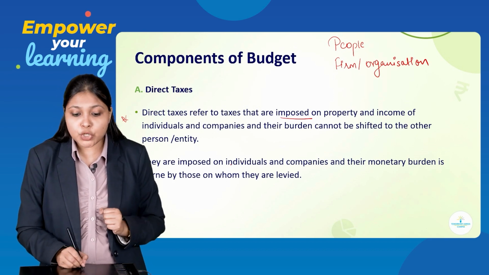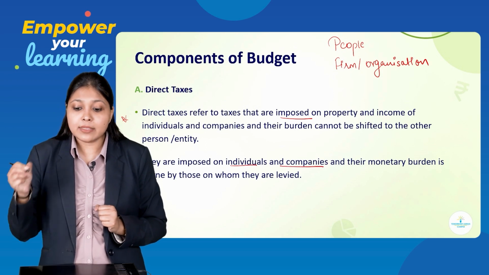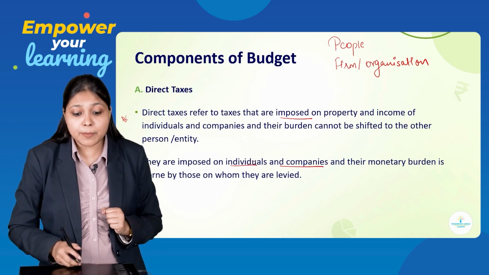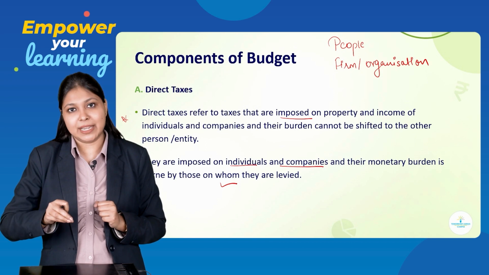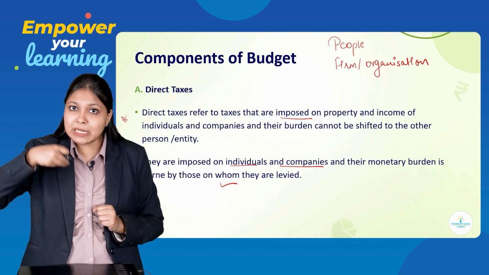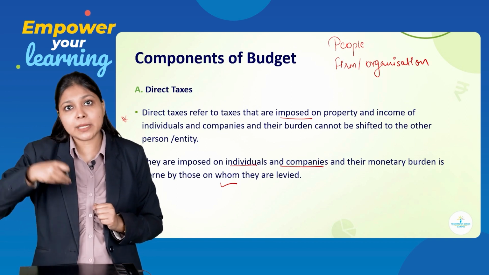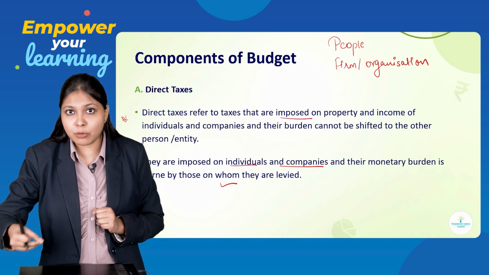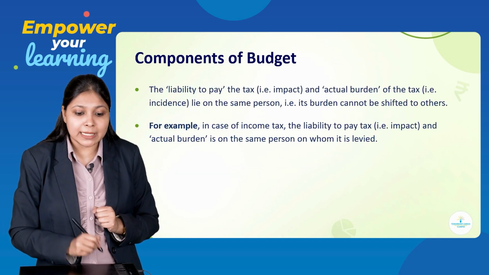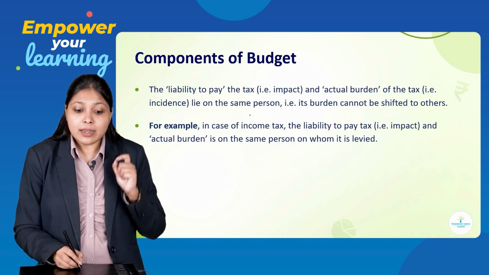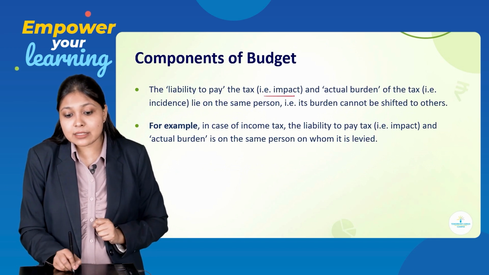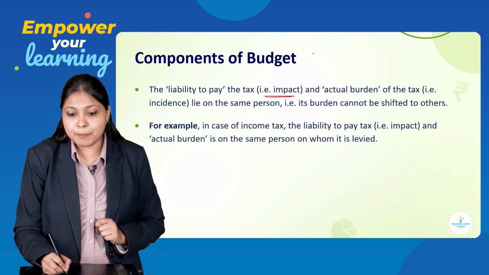So they are imposed on individuals and companies. Their monetary burden is borne by those on whom they are levied. So direct tax is going to be levied on me and I am going to be liable to pay this tax. Okay, I cannot shift this burden to anybody else. Liability to pay the tax is called impact.